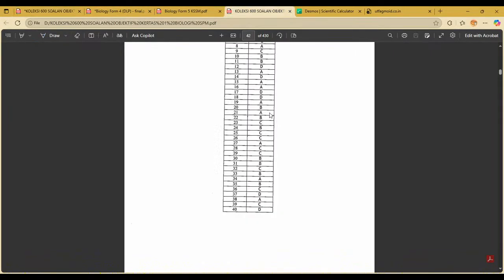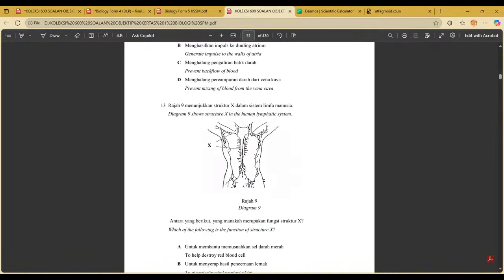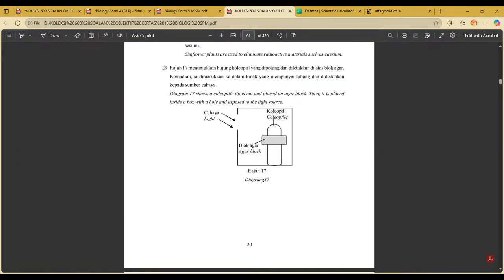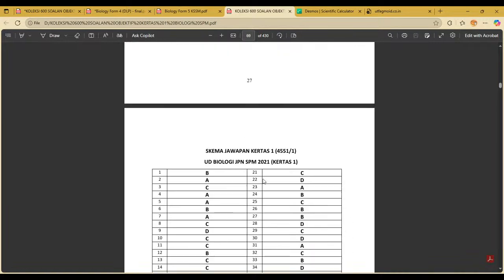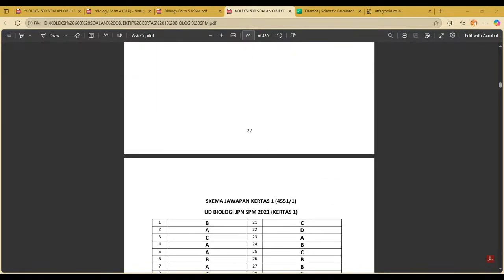Melaka. Gonna do Melaka and then probably either do paper 2 or stop and sleep. But I don't think I have classes tonight. So I probably have time to do paper 2.